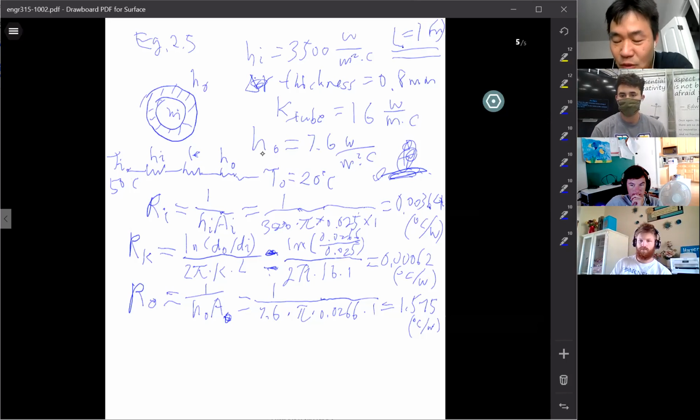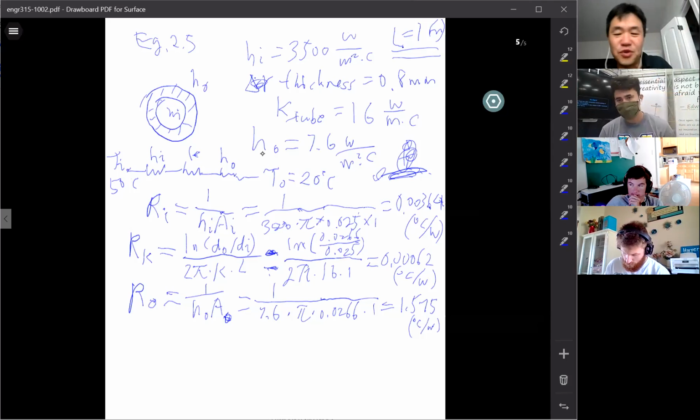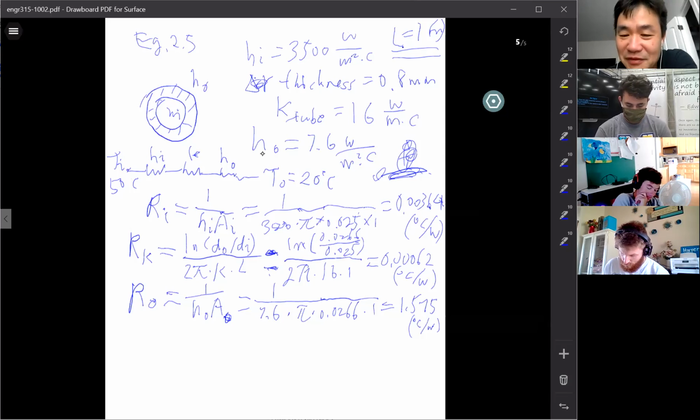Is that right? So if you want to use the overall heat transfer coefficient idea in the textbook, U, if you want to use UA, this idea, okay? So if you want to use it, you have to identify which one is the most dominant controlling material, the controlling resistance.